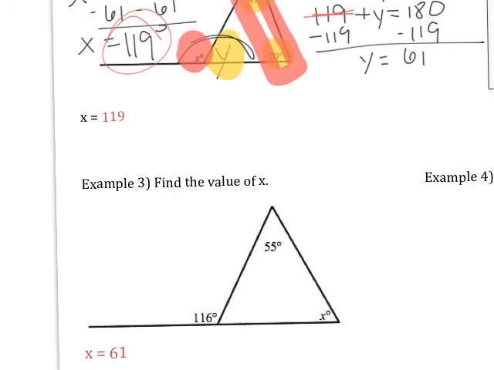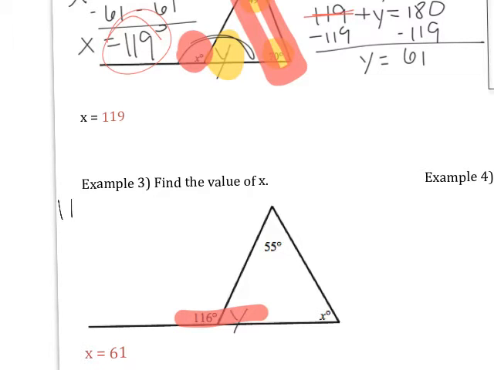All right, now we're looking for the interior angle. So now we're kind of going backwards. So going backwards means that this is y, and then these two together equal 180.